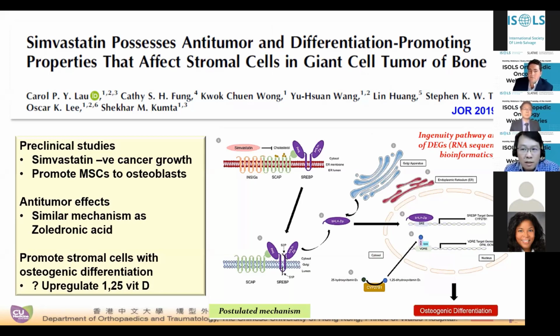With RNA sequencing of the stromal cells and our informatics, we postulate that it is upregulating the vitamin D pathway, and somehow it concurs with the tumor. Actually, we saw that in India they have a high prevalence of vitamin D deficiency. Whether it's related or not, I'm not pretty sure.